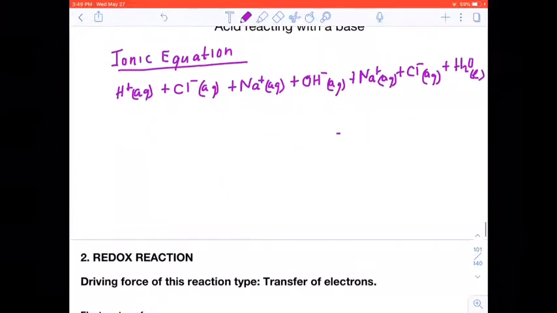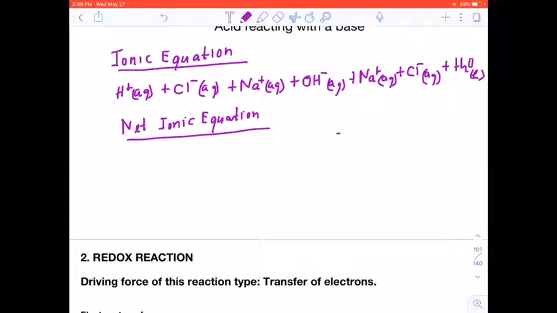Right, now if we look at this here and we say, okay, the net ionic equation. If we look at this, we see that we have Na there, Na there, Cl minus here, Cl minus there.